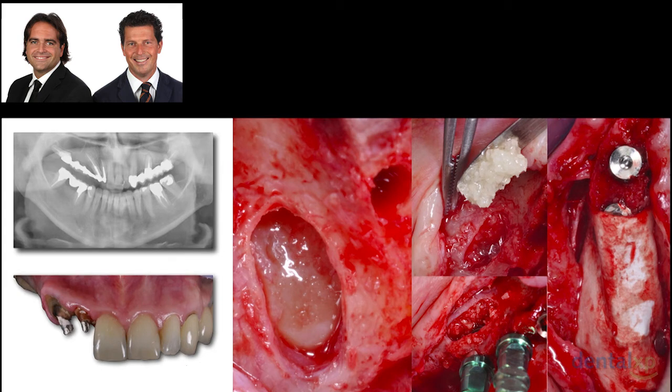Also, in the sequence of the treatment plan, corrective therapies must have been well coordinated to give the patient, from the very early stages, a comfortable aesthetic and functional fixed restoration.